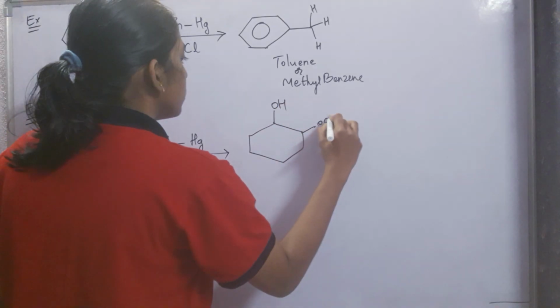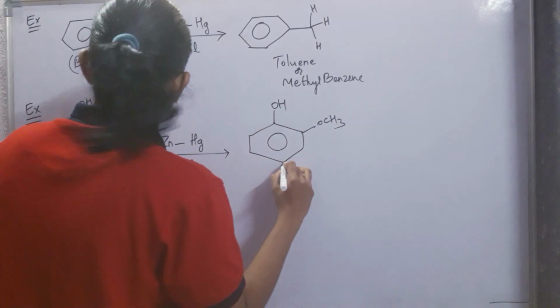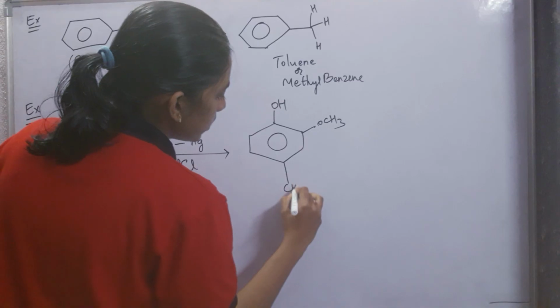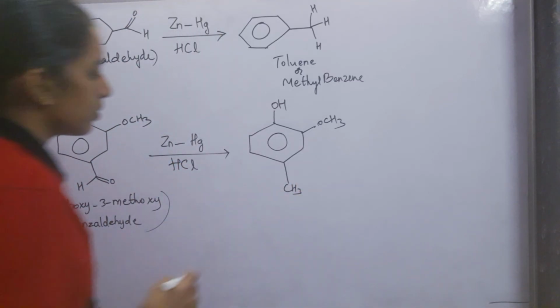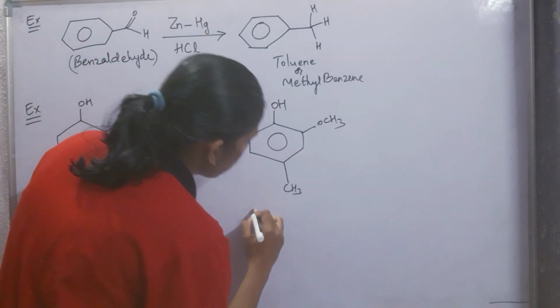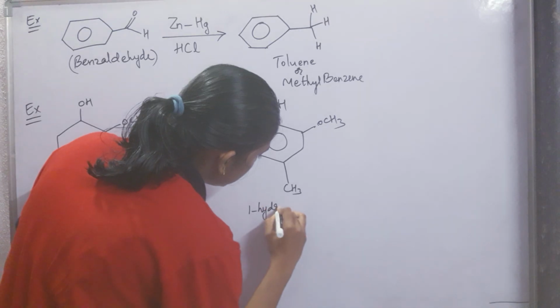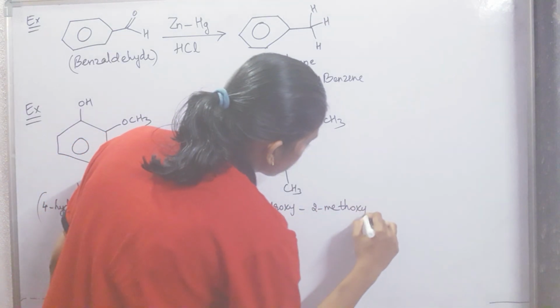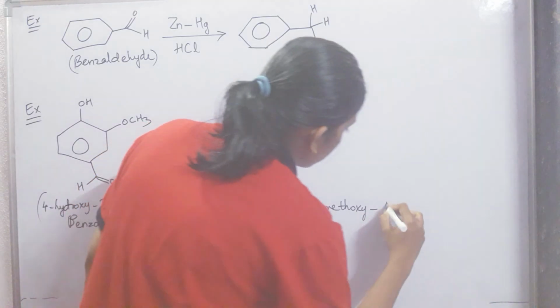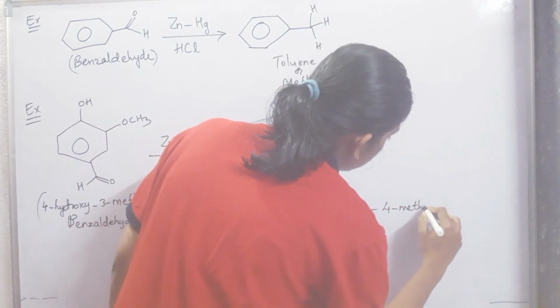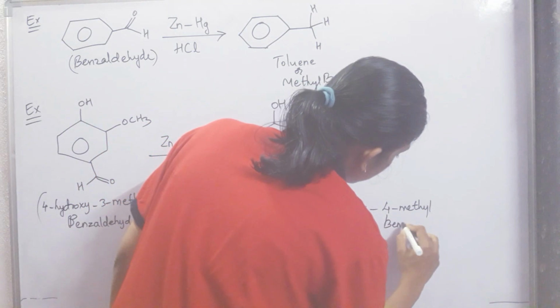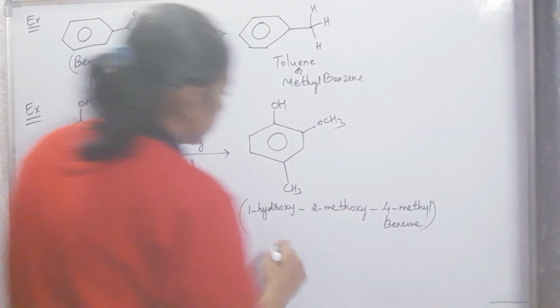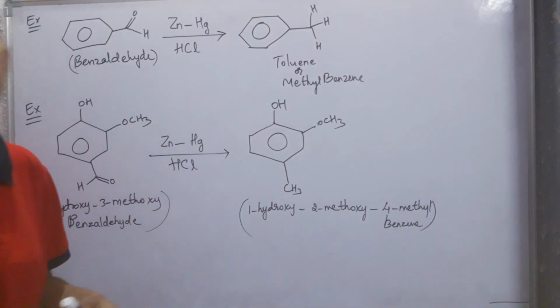OH, OCH3 methoxy group, and here we will be getting one CH3 methyl group. So what will be its name? 1-hydroxy 2-methoxy 4-methyl benzene. So this is what Clemmensen reduction is.